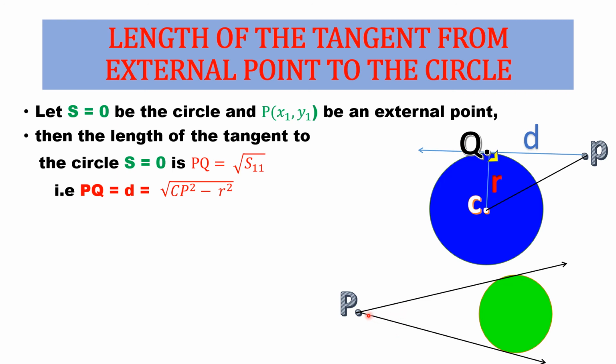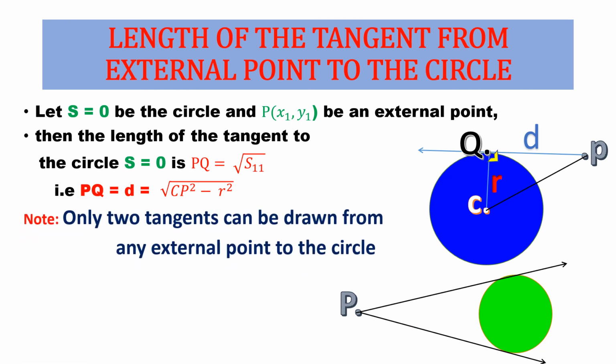Any other line drawn through P intersects the circle at 2 points. Now that type of lines are called secant lines. So here only two lines can be drawn from any external point as tangents to the given circle. So the number of tangents from any external point to the circle equals 2. So this is the note condition. Only two tangents can be drawn from any external point to the circle.